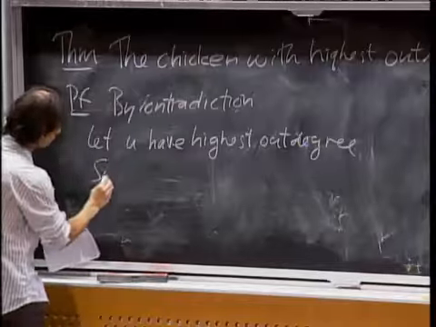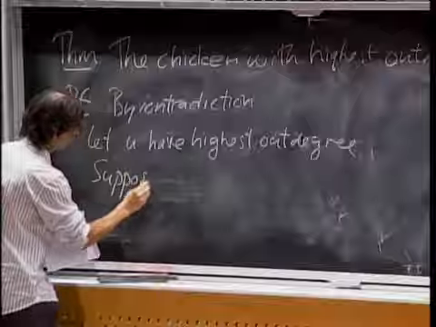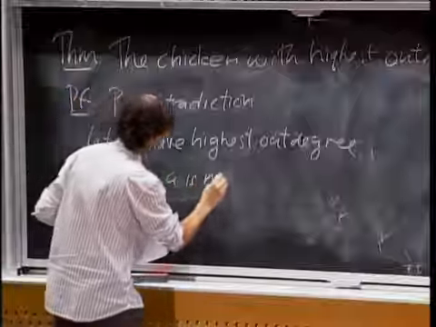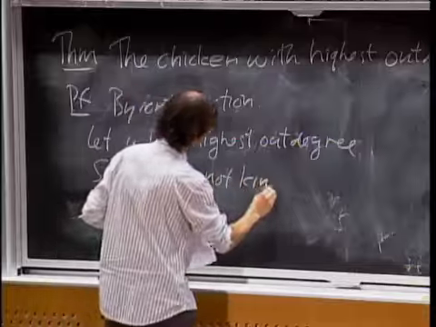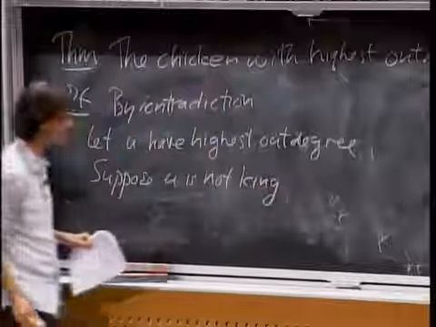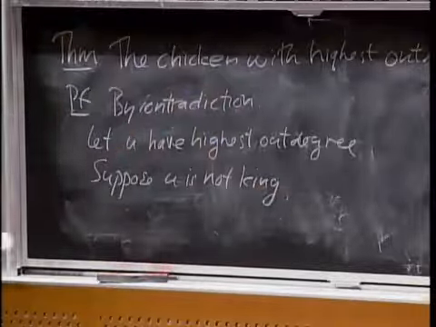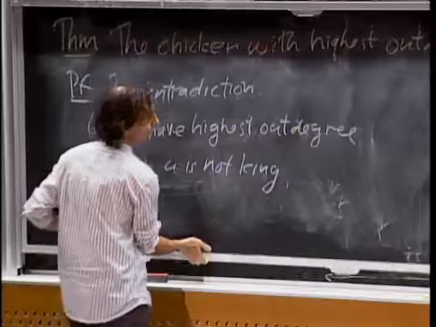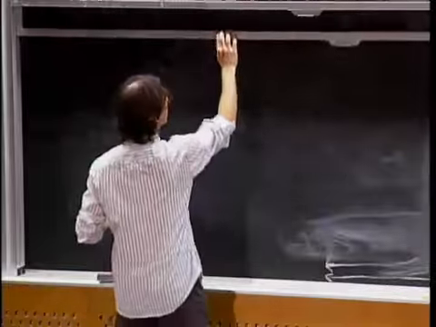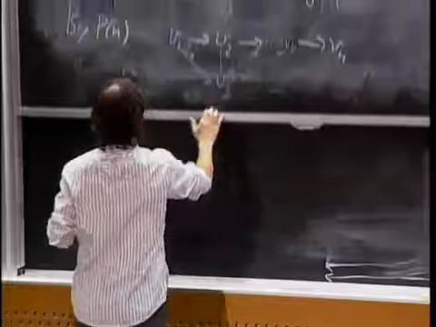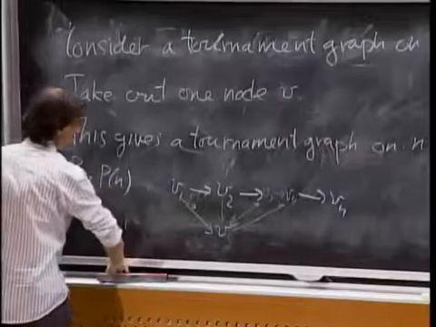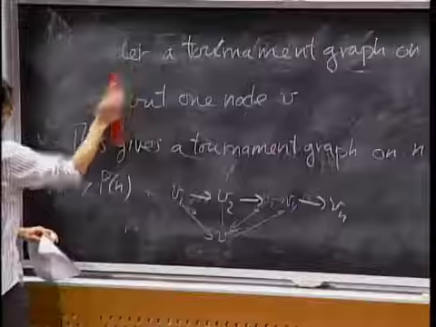So let's suppose that U is not king. Okay, so what does that mean? Let's look at the definition over there and see what it means that U is not king.